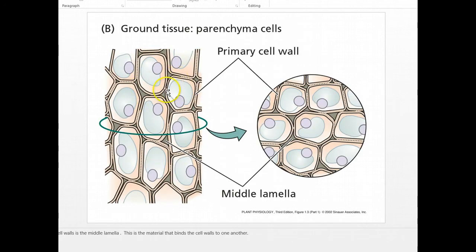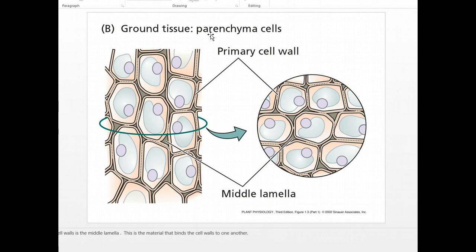When cells are first produced, they, of course, only have primary cell wall material, and you will hear them called ground tissue or parenchyma cells. And in the plant world, a parenchyma cell is basically an undifferentiated cell.